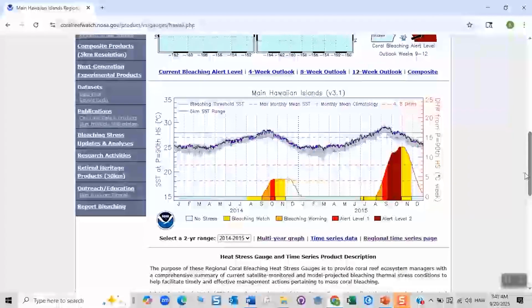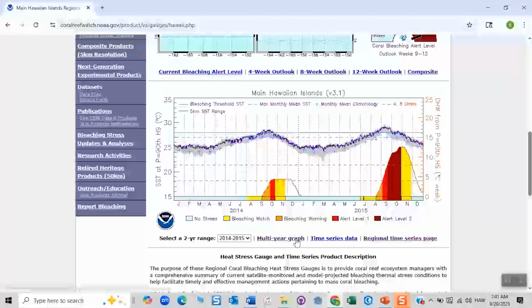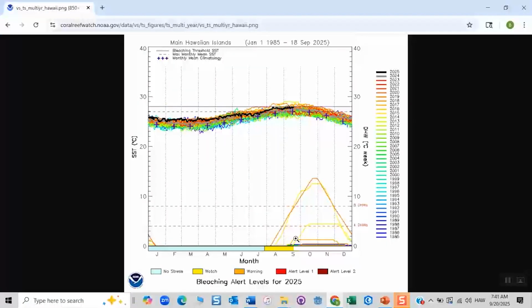Okay. Now, one thing I want to talk about is this multi-year graph, and I just want to leave us with this thought today. On the right side, you'll see this is by year, and these are our months here.